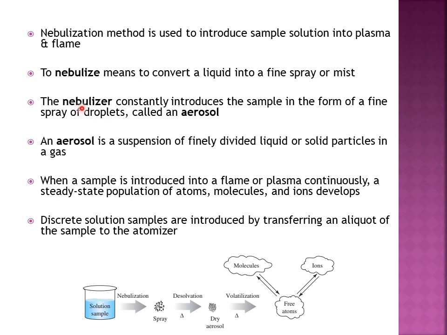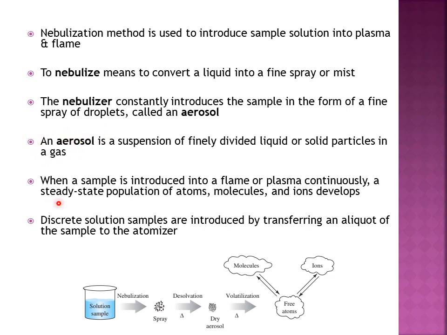The nebulizer constantly introduces the sample in the form of a fine spray or droplets, and this is called aerosol. Now what is aerosol? Aerosol is actually a suspension of finely divided liquid or solid particles in a gas. So a mixture of those finely divided particles in a gas is called aerosol.